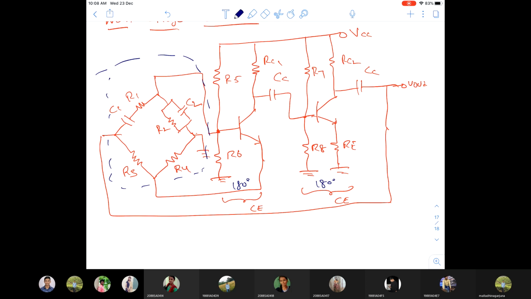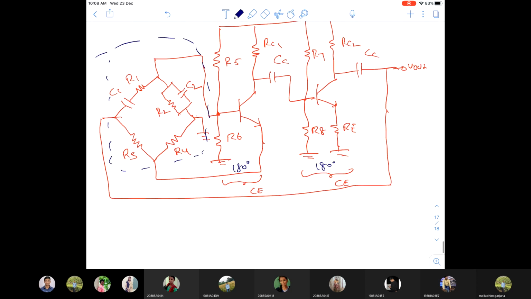Just to improve the gain. To improve the gain only, we are using two CE amplifiers. Since 180 plus 180 is 360 itself, the tank circuit need not generate any phase angle.